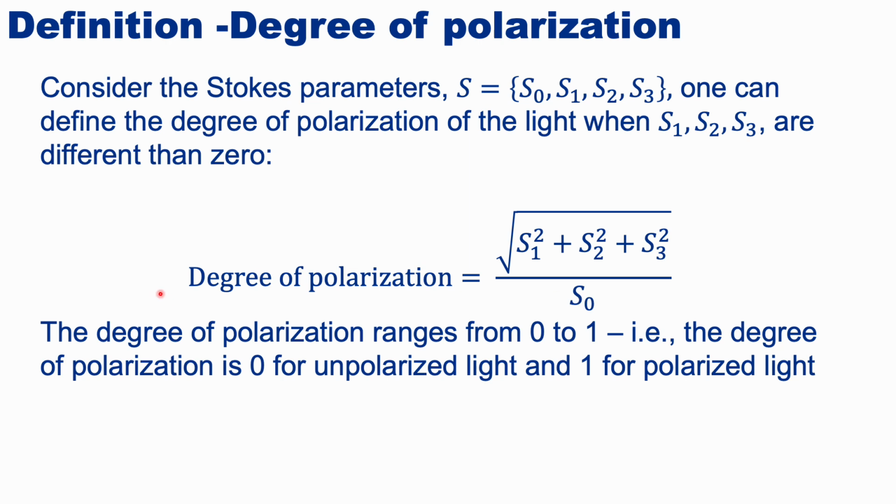So the degree of polarization needs to range from 0 to 1. 0 is for unpolarized light, so natural light, and 1 is when you have a clear polarization state, so linear or circular polarization, and any elliptical state is in the middle.